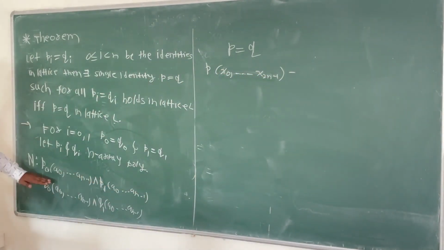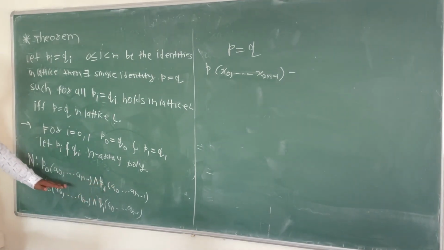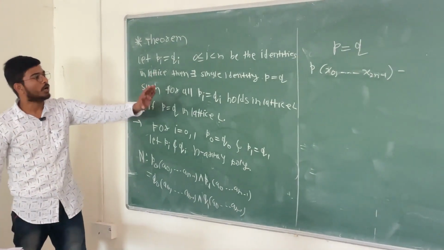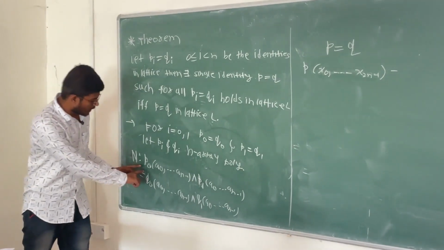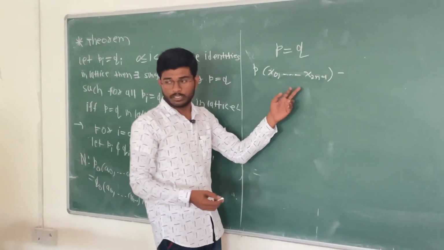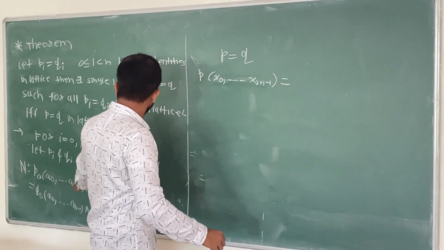You can observe that here are the n variables, here are also n variables, and we are taking the meet. So we are proving that for i equal to 0 and 1, P is equal to Q, where P is denoted by P of x0 up to x 2n minus 1, and it is equal to the meet of these two.